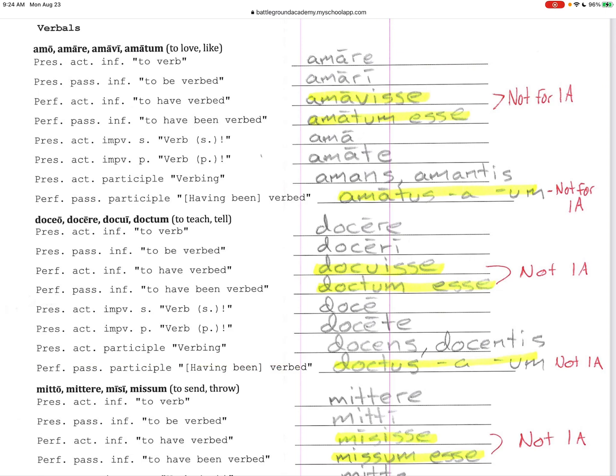Now I will note here, in the infinitive amare, there is a long mark on that middle A. If you wish to put the long mark here, you are welcome to. So amans and amantis, you could put the long marks.